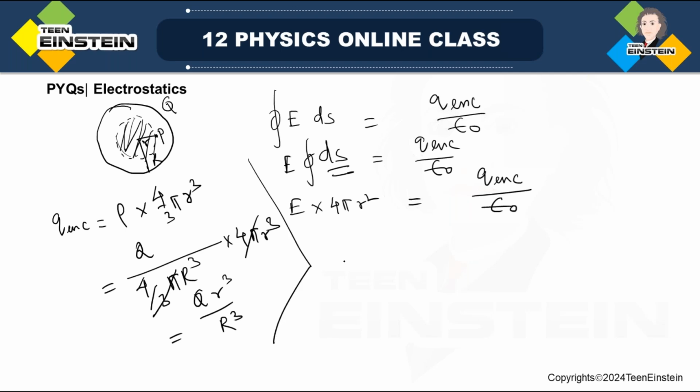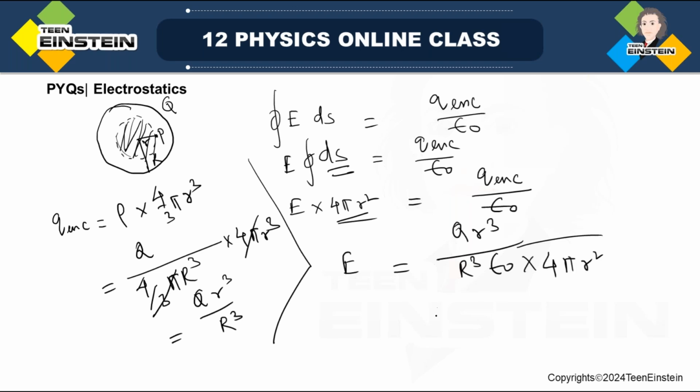Now just put it here. Electric field is equal to Q enclosed, which is Q r cube by R cube epsilon naught, and here it was 4 pi r square. Okay, let me write it here, 4 pi r square.